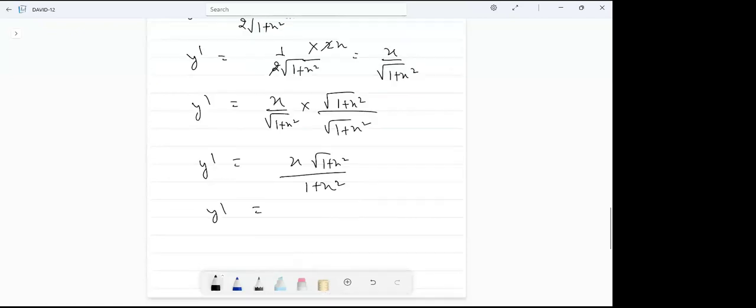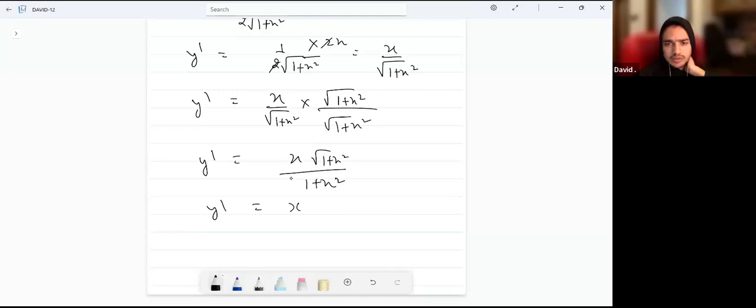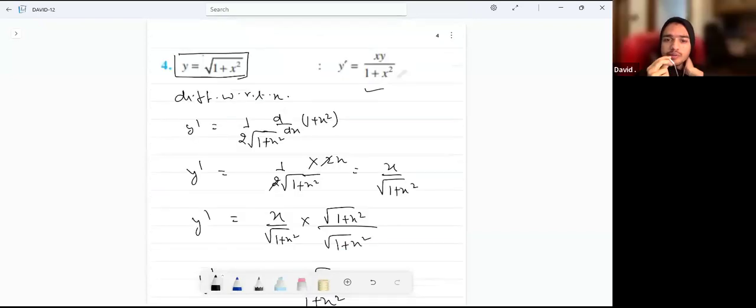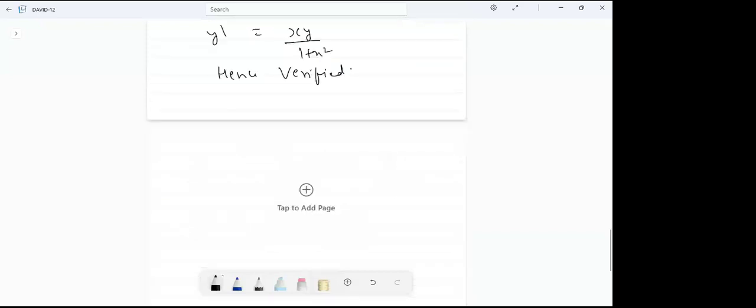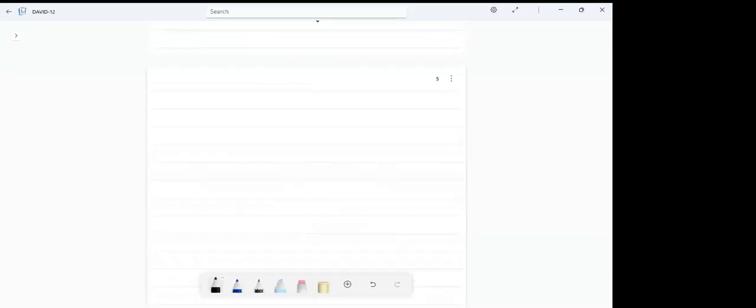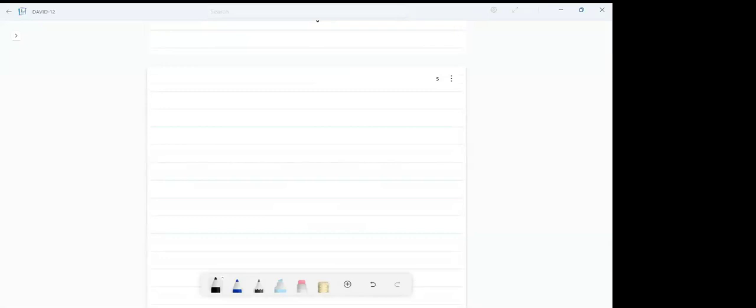So this becomes y dash equals x root 1 plus x square over 1 plus x square. And what is root 1 plus x square? It is y, isn't it? Yes, sir, we wrote it on top. So in place of root 1 plus x square, we can write y. So y dash equals xy upon 1 plus x square, hence verified. Got it, sir. This has been done.